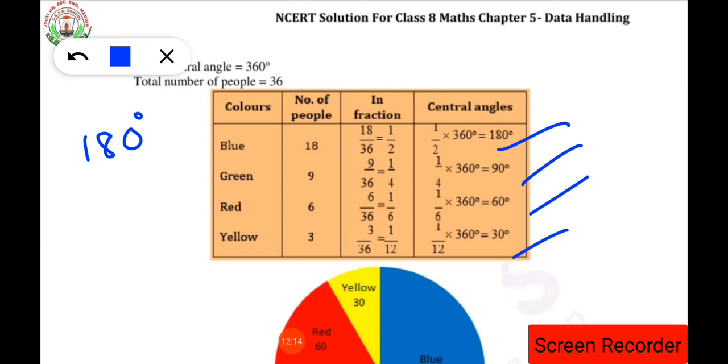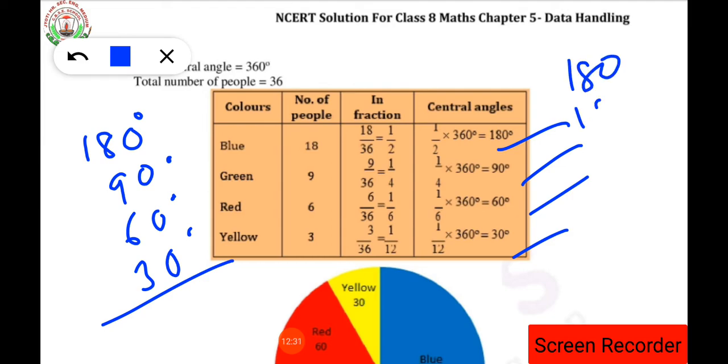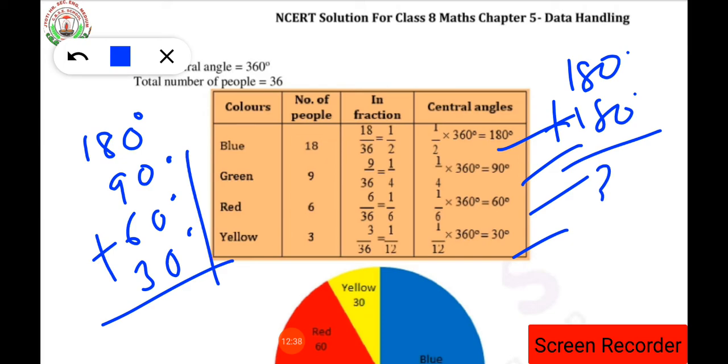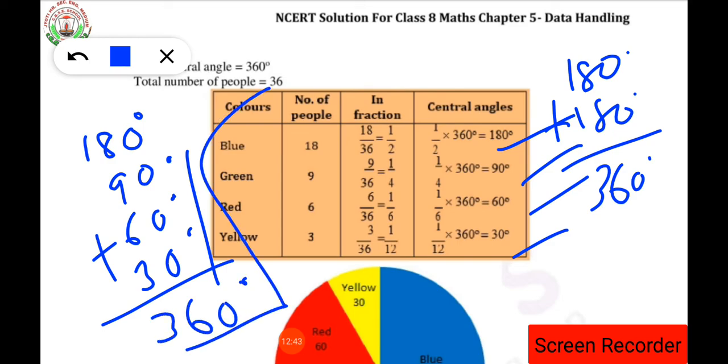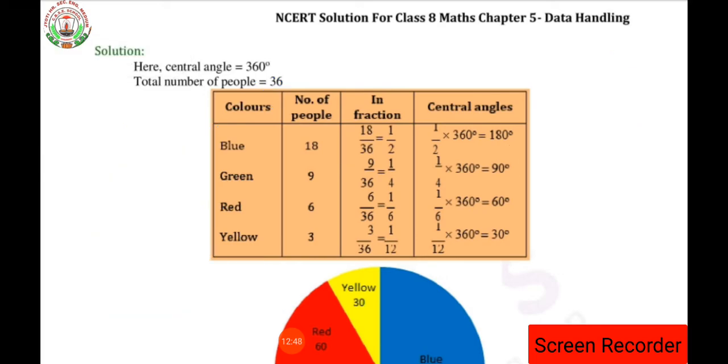So 60 plus 30 is 90, 90 plus 90 is 180, and 180 plus 180 is equal to 360. Hence we are getting the total angle as 360 degree, which is the complete angle of a circle. Hence our solution is correct.